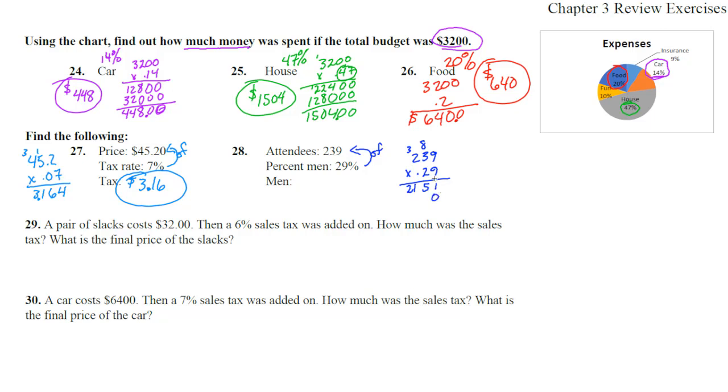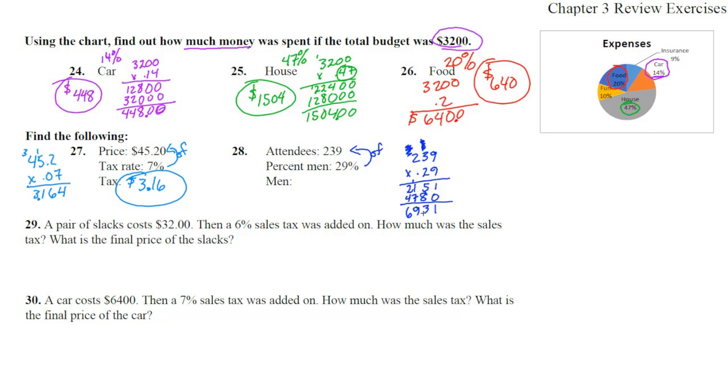Put a 0 there for that next row. 2 times 9 is 18. 2 times 3 is 6, plus 1 is 7. 2 times 2 is 4. So we're left with 1, 1, 5 plus 8 is 13. Carry the 1. 1 plus 1 plus 7 is 9. And 2 plus 4 is 6.